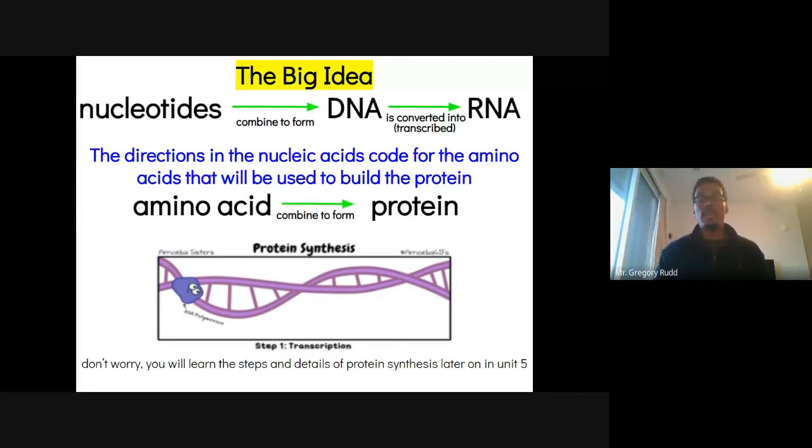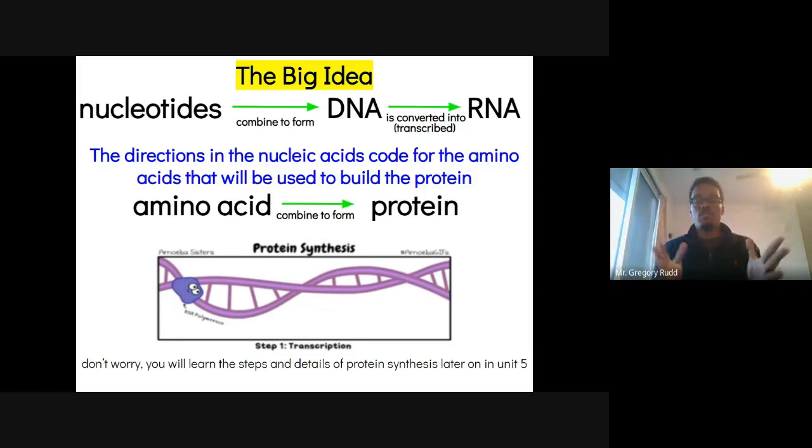Of the 20 amino acids, they all have different combinations of sequences that signal them. So CCA signals for a specific amino acid. CCG might signal for a different amino acid. AGG signals for a different amino acid.